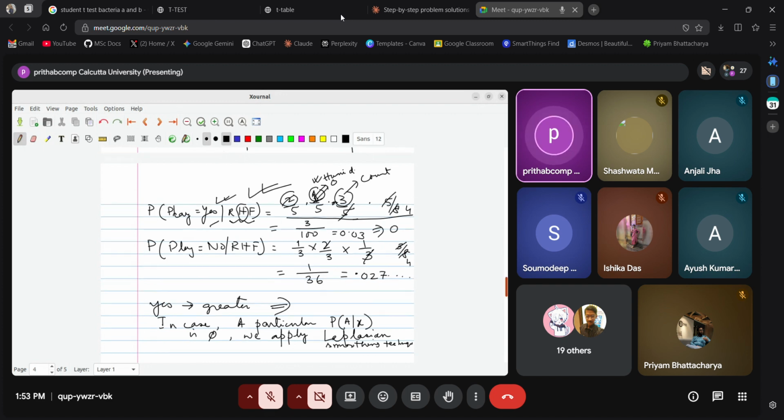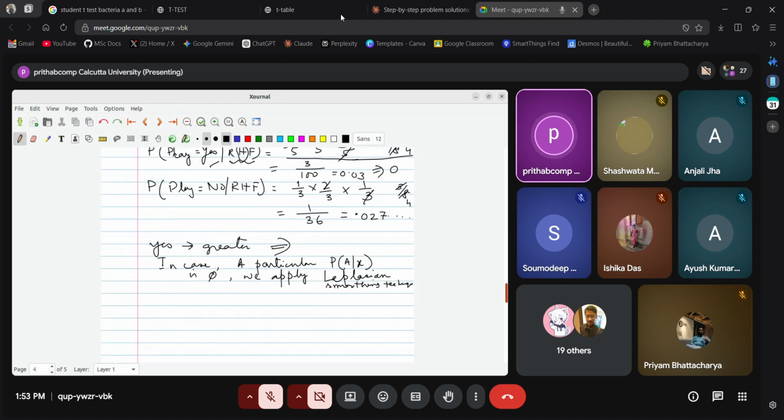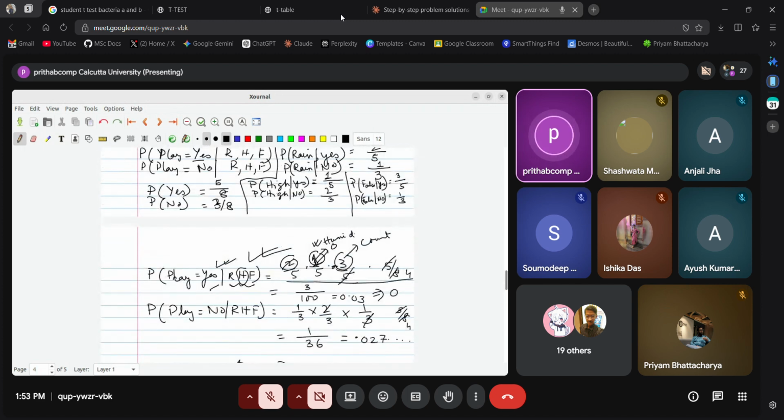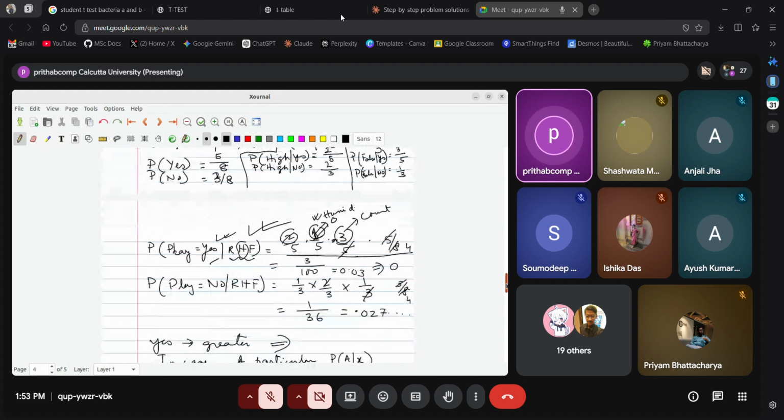Okay. Now using this smoothing technique, what happens? You try to make sure that nothing becomes 0. So what is the easiest way of doing that?